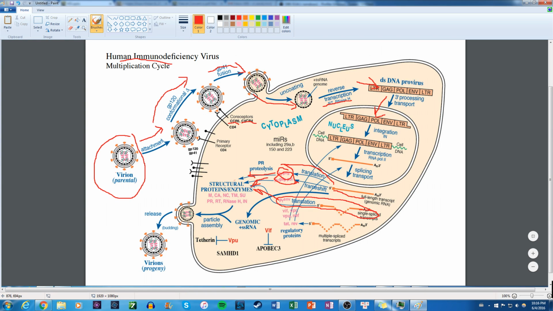Okay, go there. Simple. What makes HIV special and different is the fact that it has 6 regulatory proteins that retroviruses don't usually have. These regulatory proteins are essential for the pathogenesis of HIV.